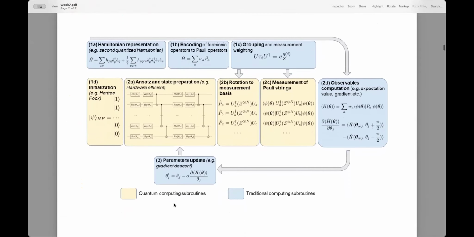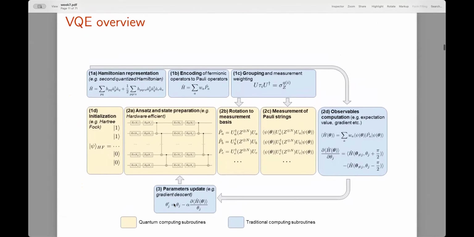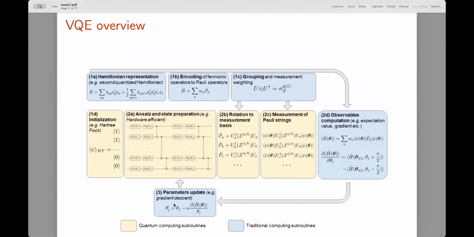So this is a kind of overview which we looked at last time. The points in yellow here are typically done on a quantum computer. You would perform the rotations, prepare the state, and then perform a rotation measurement of the different Pauli strings.